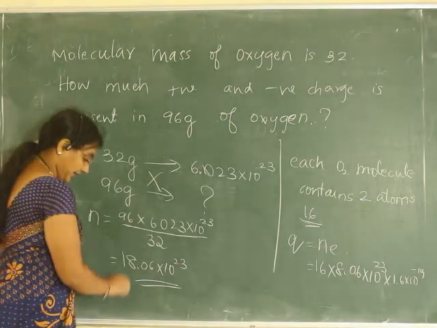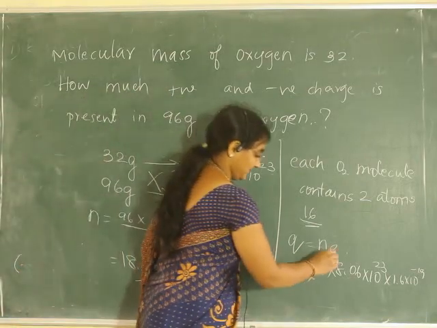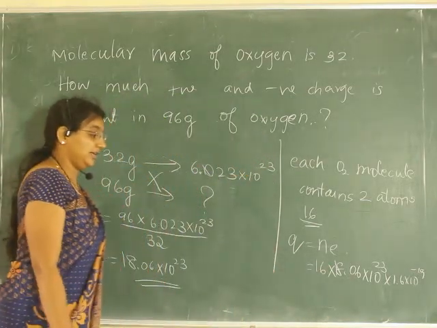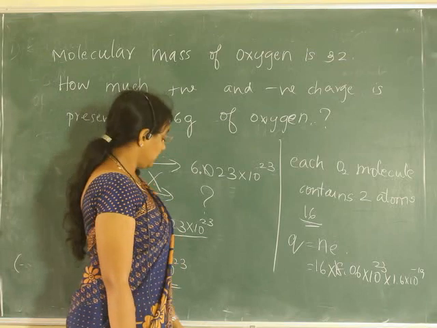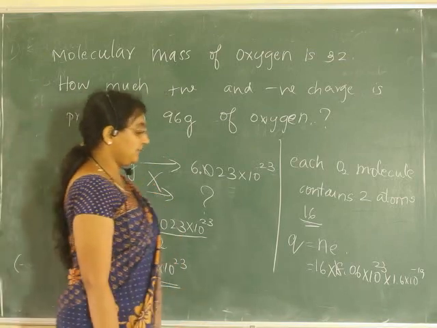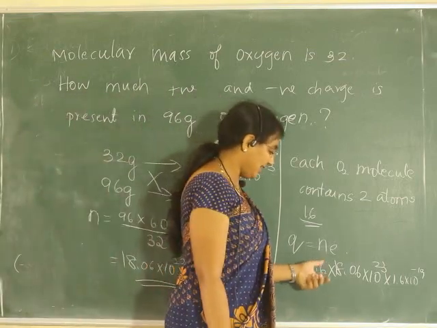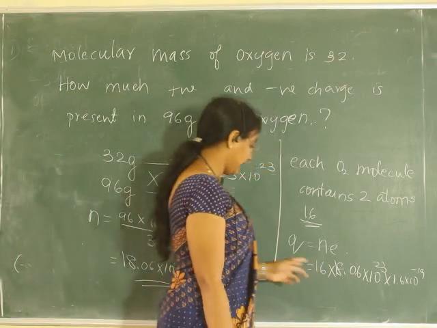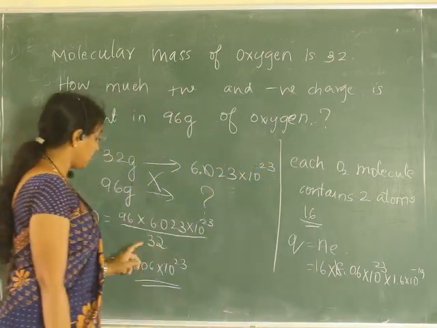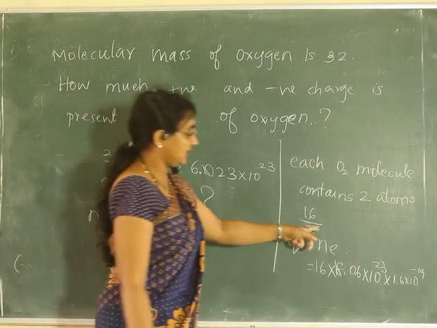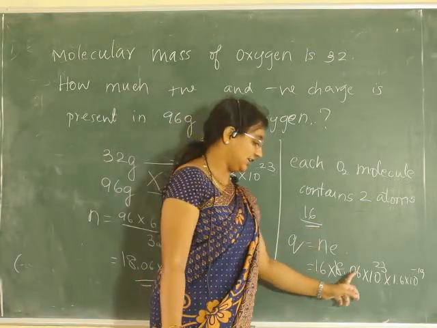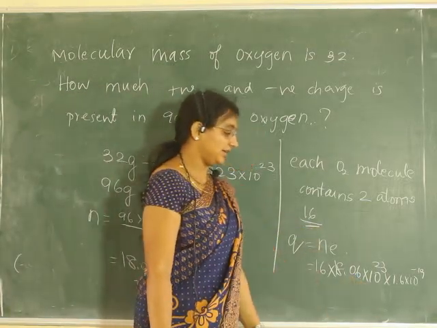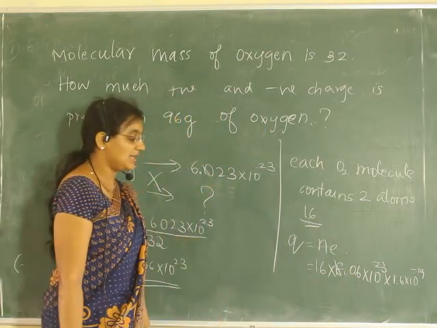Oh, you get 18 here? Good. After solving you get 18. Not only have we taken it as 18, because this is for 1. We have 16. So therefore 16 into 18.06 into 10 to the power 23 into 1.6 into 10 to the power minus 19.